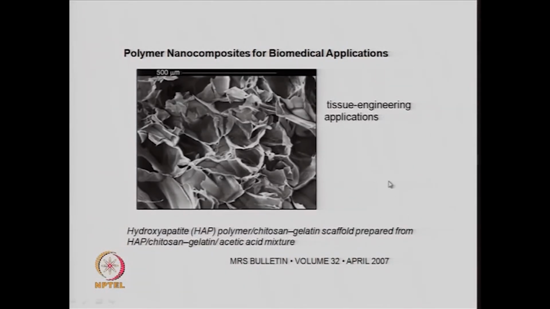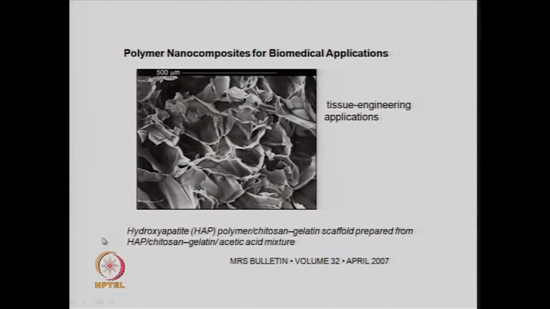Now, this is a SEM picture of a polymer nanocomposite of hydroxyapatite and chitosan with a gelatin scaffold, and you see these kinds of features. These features are around 500 micron or more, and it shows a very highly compacted structure, and this has applications in tissue engineering.